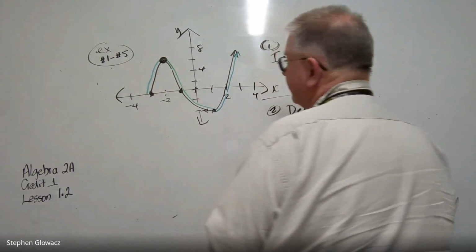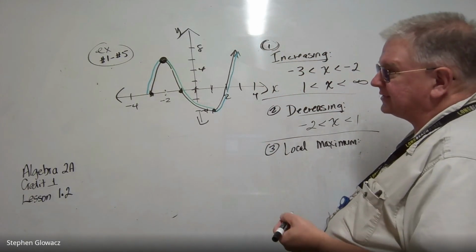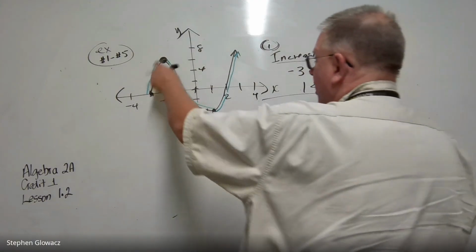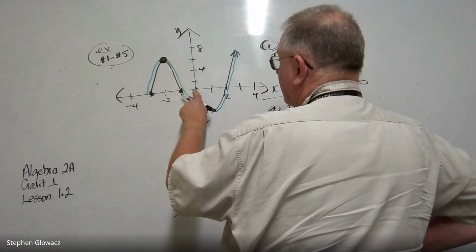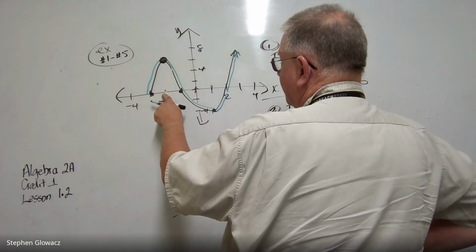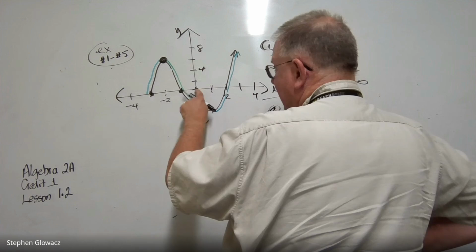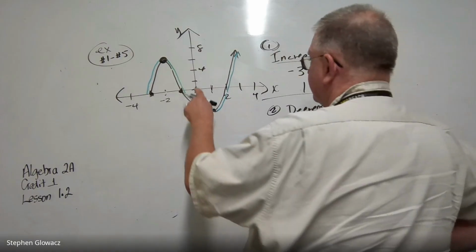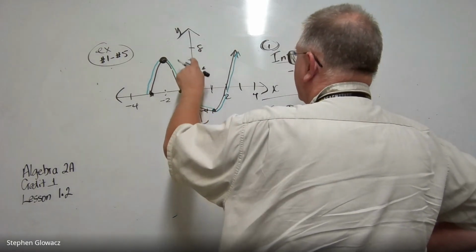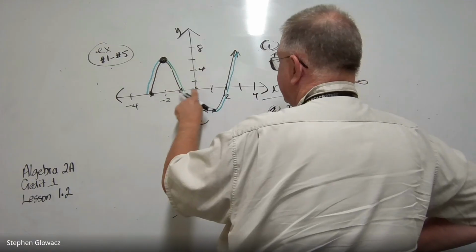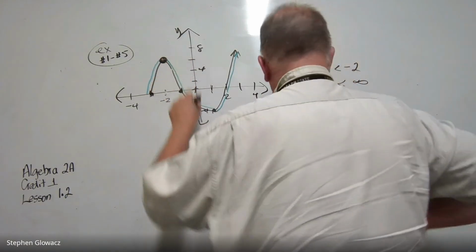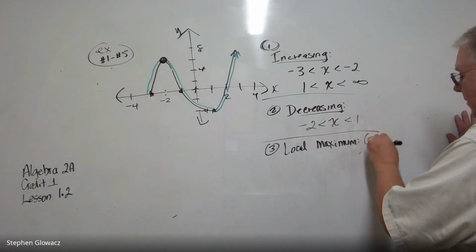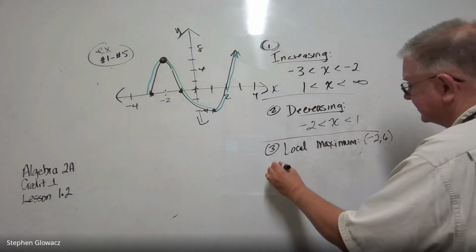We want to state the coordinates for that point. That would be at -2. Now careful, the x-axis is scaled by 1s, but the y-axis is scaled by 2s, so this would be 2, 4, 6, and 8. So this would be -2 and 6 because we're up to 6 there. So our local maximum is at -2 and 6.